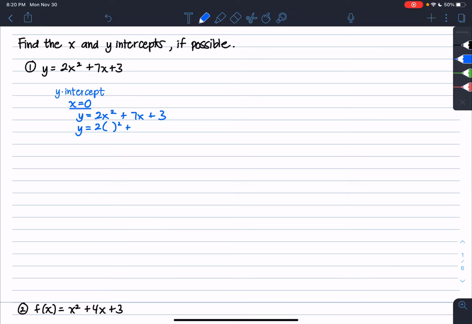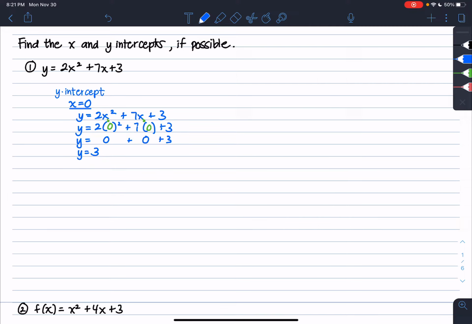So I get 2 times whatever plus 7 times whatever plus 3, and then those zeros go right inside of those parentheses, because I just replaced x with 0. That's it. When we solve this one, this turns into 0 plus 3, meaning y equals 3.